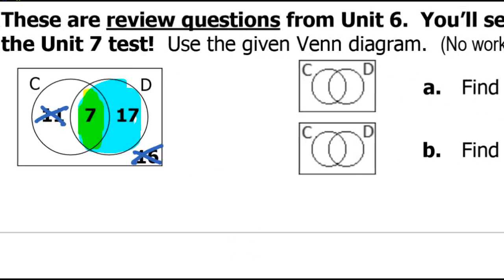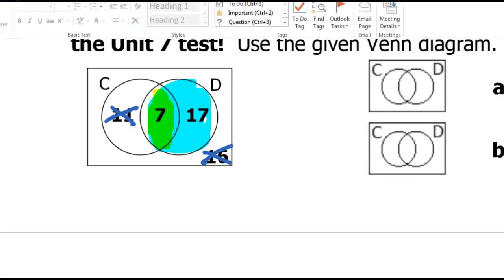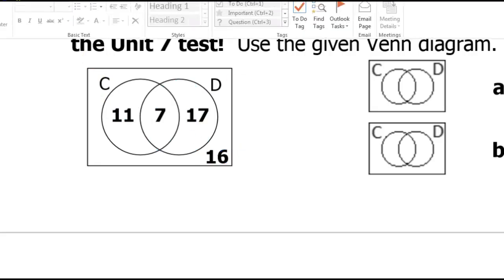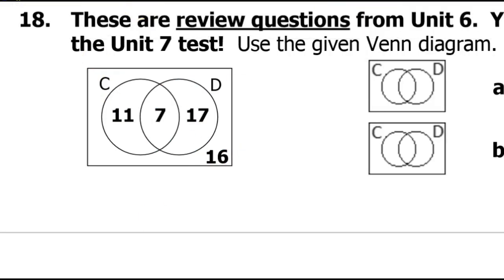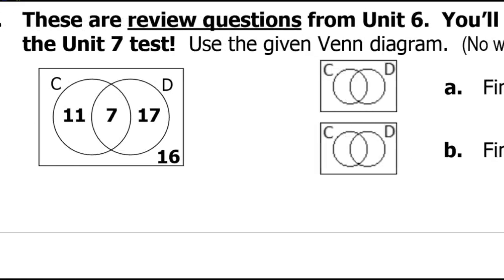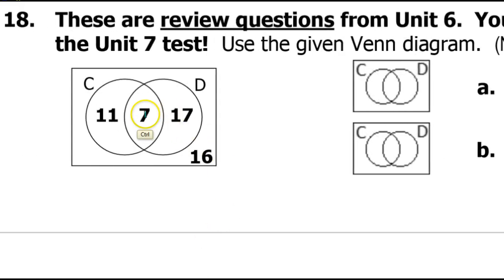Now let's erase that and sort of reset for the last little bonus probability problem here. This time we are given not C. That's what the little prime here means, not C. So let's see, where are the numbers that are not C?